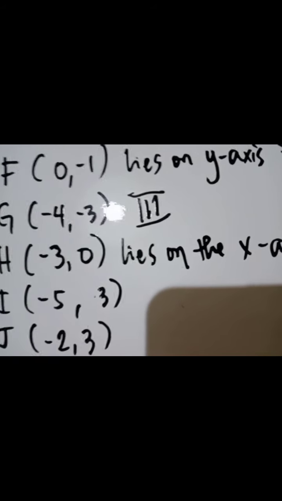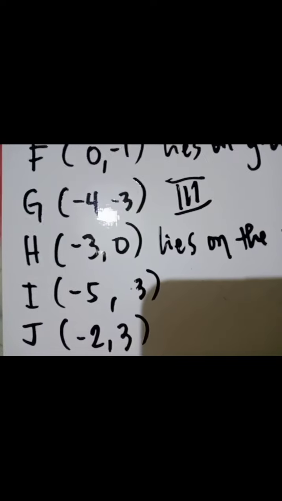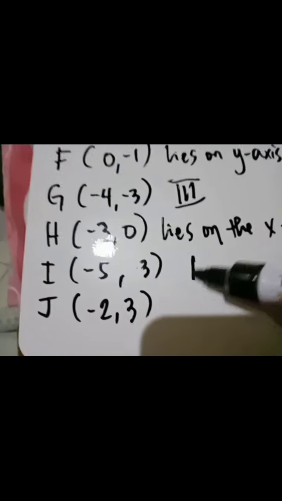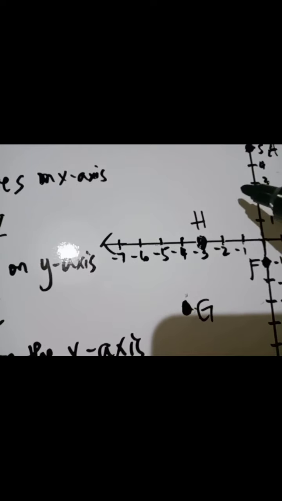Wait. Okay, so I made a mistake. I must be negative 5 and positive 3. So it is located on the second. Very good. Second quadrant. That's right. Okay. This is negative 5 and then positive 3. So this is the point of intersection. This is letter I.